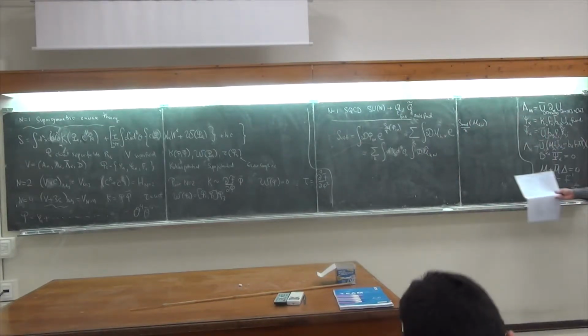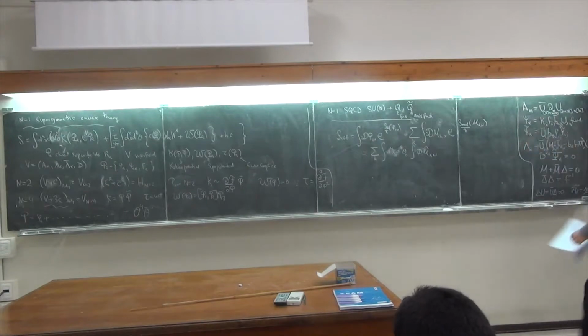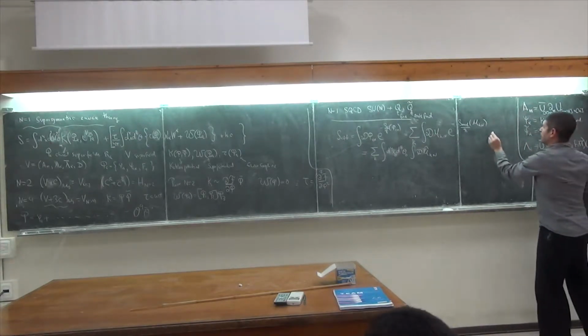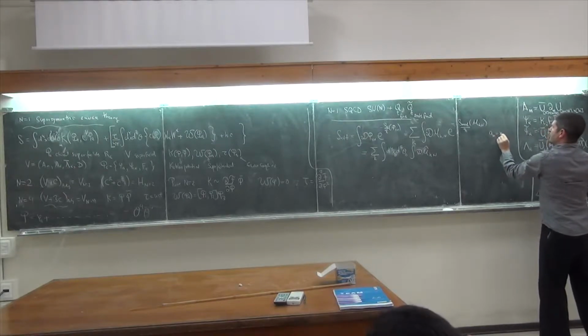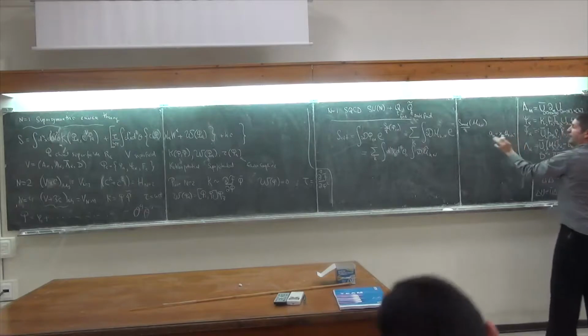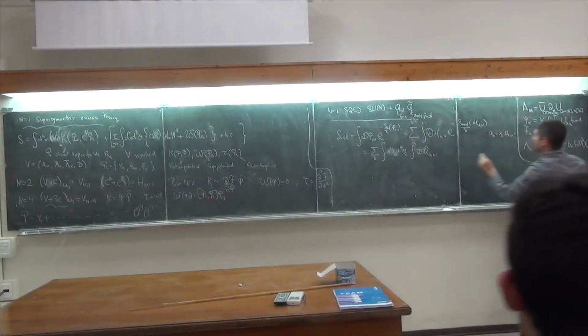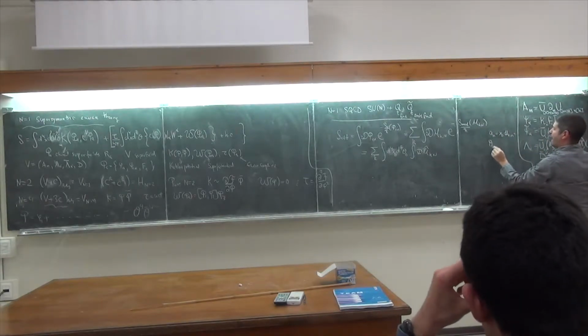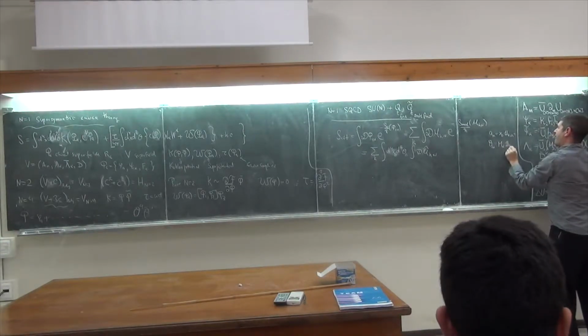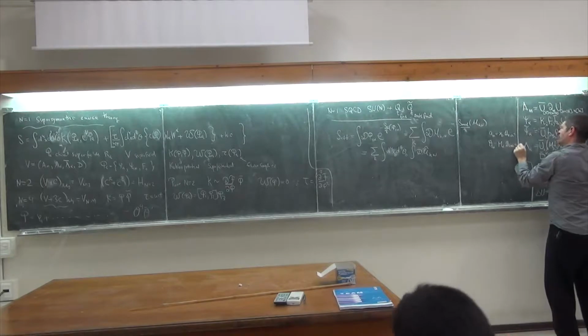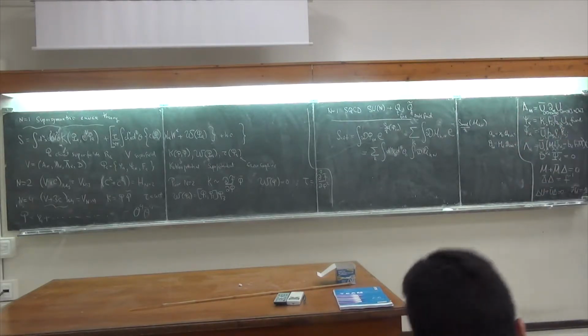Here a0 is the identity part of a, while theta0 alpha is the identity part of this matrix.